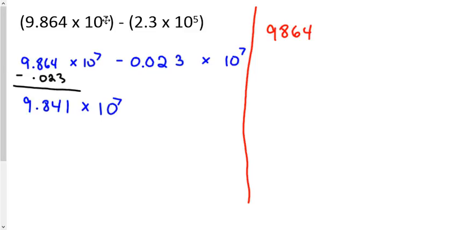I need to move the decimal spot over 7 spots, so it would be 4 more zeros. So it'd be 98,640,000. And then we have, let's see, 4 zeros here. And then the 2 and the 3.